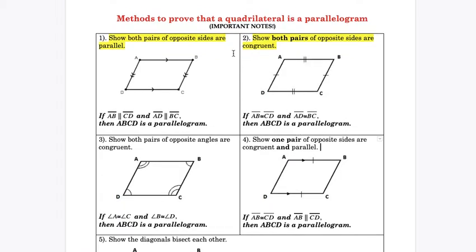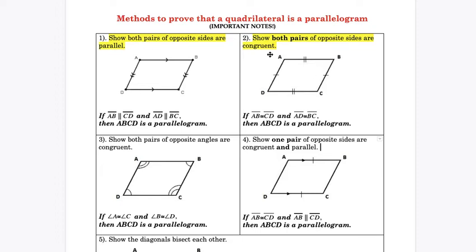Another one, instead of showing parallel, says show both pairs of opposite sides are congruent. So in this case, we don't need to do parallel. Instead, we are going to show they have the same length. So we are going to show 2 pairs of opposite sides having the same length.